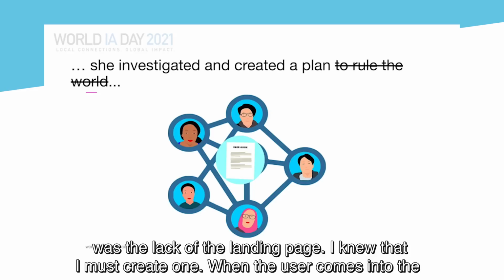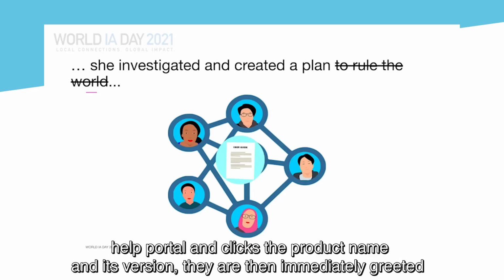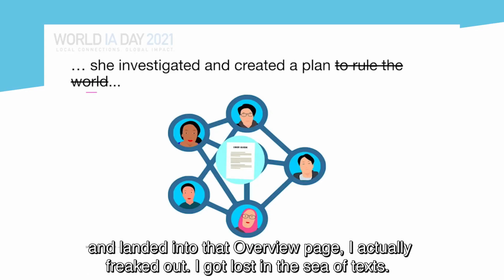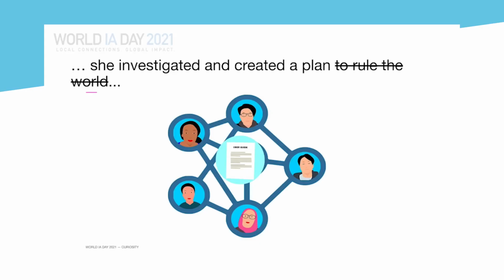So when the user comes into the help portal and clicks the product name and its version, they are then immediately greeted with a long page of content, just all text. And I remember when I first accessed the documentation and landed into that overview page, I actually freaked out. I got lost in the sea of texts.